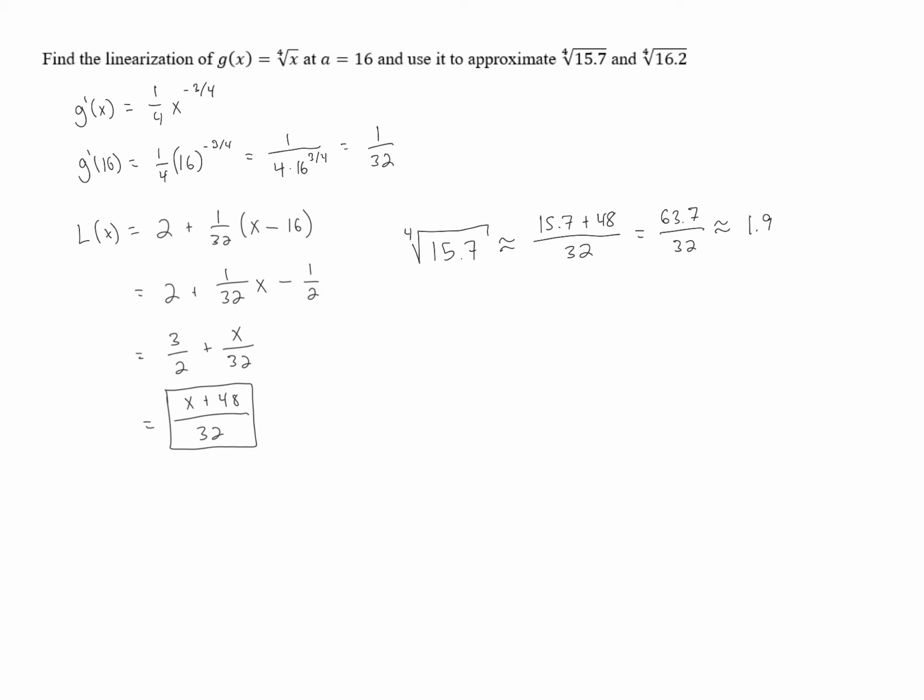I get 1.990625. And if we use a calculator to approximate the fourth root of 15.7, we get 1.990558. And here we can see that we're correct to the nearest thousandth. We're almost correct to the nearest 10,000th, which is really, really cool.